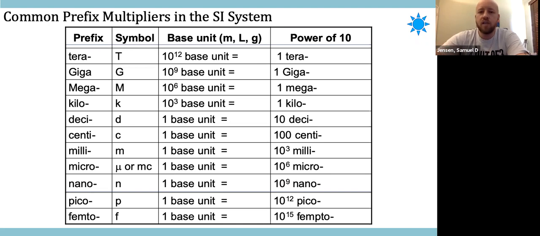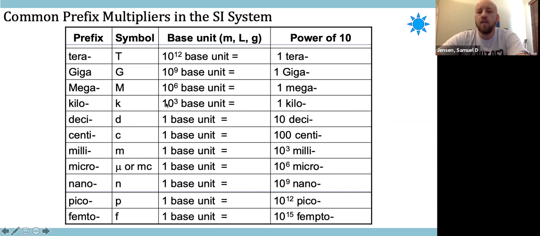But this particular slide is the one I generally use when I'm doing practice problems, where I look at how many of the smaller units make up the larger. So if I have a millimeter, there are 1,000 millimeters in 1 meter. There are 100 centimeters in 1 meter. There are 10 decimeters in 1 meter.